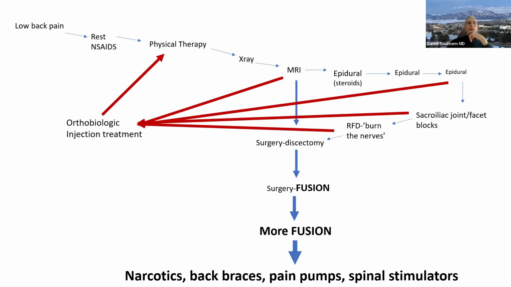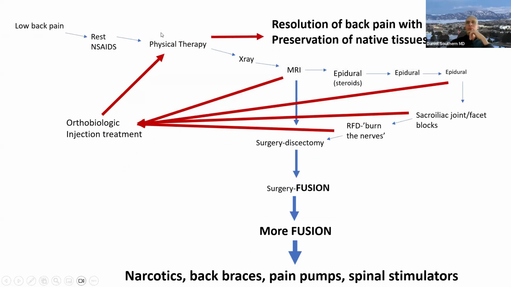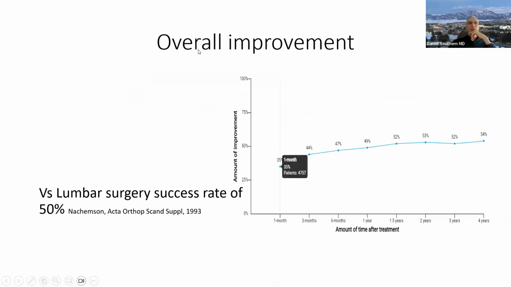And with time and exercise, what can happen is resolution of back pain with preservation of native tissues. And when that happens, I'm happy, my patient's happy, we're all thrilled. Because what have we done?